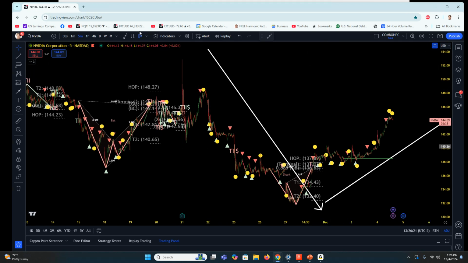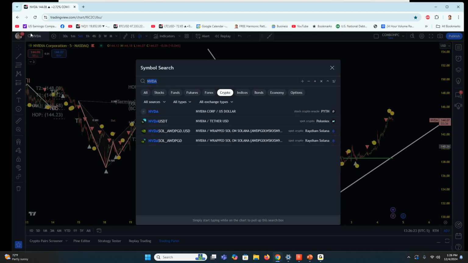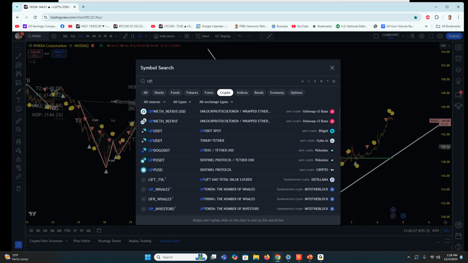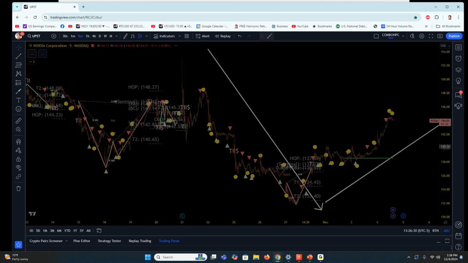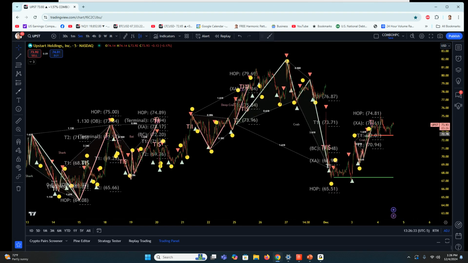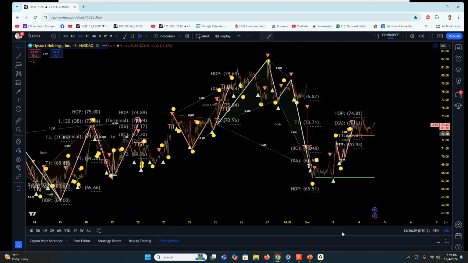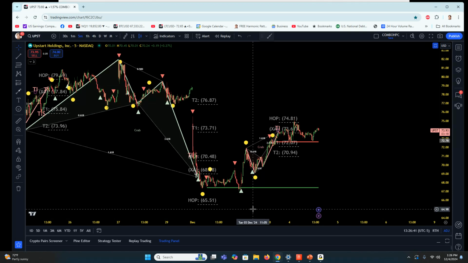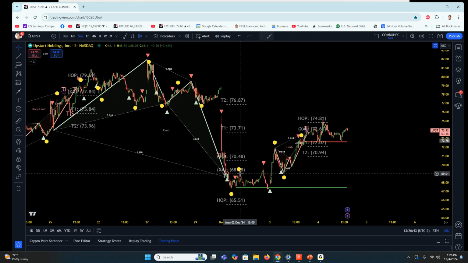I think Hood, Palantir. What's the other one? Upstart. I mean, these are ones that are really moving. Upstart Holdings, UPST. Look at that 5-minute crab pattern. Look for stuff like that. If you're onto something that's really running, okay, wait for 5-minute setups like that. That was beautiful.